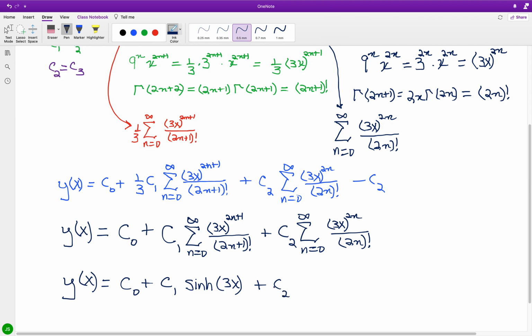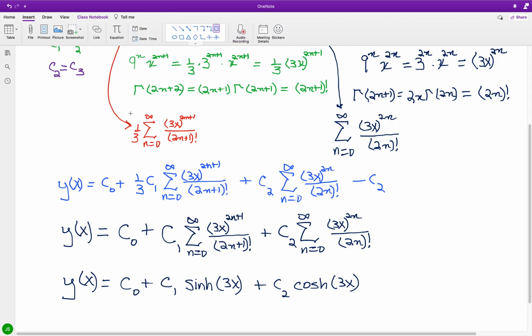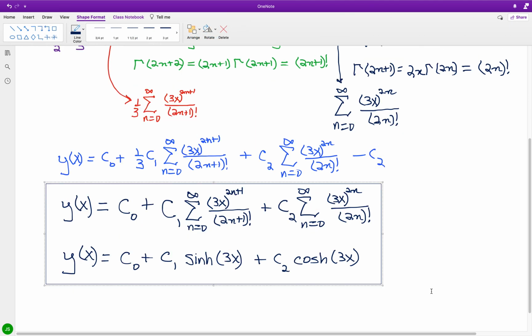And for the summation as n goes from 0 to infinity, if you have a base to the 2n all over the factorial of 2n, this is going to be mapped with the hyperbolic cosine function, and we'll be taking the hyperbolic cosine of 3x. And so what we have all together is the summation solution as well as the functional solution, and that is the result.